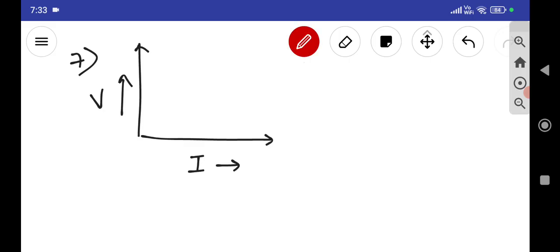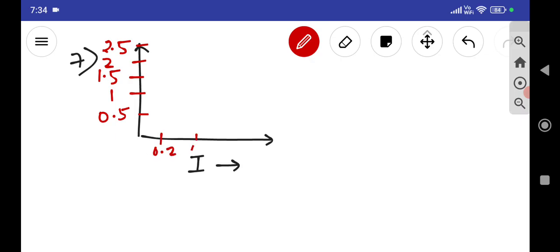So you have to take voltage, we can write it as 0.5, 1, 1.5, 2, then 2.5. Here you can take 0.2, 0.4, 0.6, 0.8 and 1 in terms of volts you have taken.